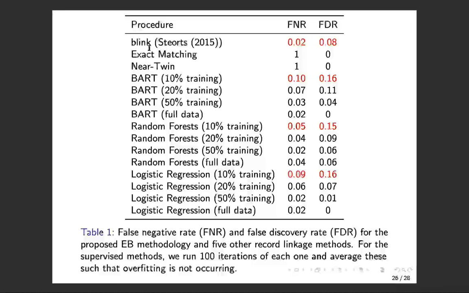This is consistent behavior that happens whenever you use a uniform prior on any of these Bayesian models. Now I'm going to compare Blink, which is completely unsupervised, to exact matching and to near twin or off by 1 matching. Here I can see how everything is skewed. So I have an FNR of 1 and an FDR of 0. Then I'm going to compare it to different situations for BART, random forests, and logistic regression, where I give them different percentages of training data.